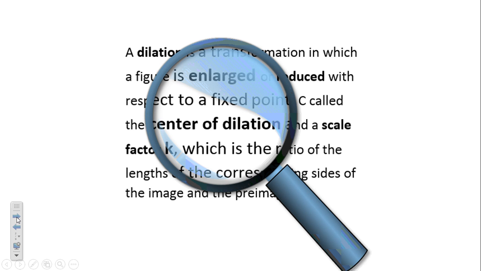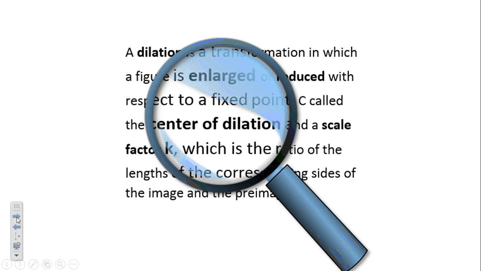We're enlarging or we're reducing, okay? How much we enlarge or we reduce is based on something called K, our scale factor. When you have a map and you want to know how far it is between this point and this point on the map, you go to the scale and you see that 1 centimeter equals 1 mile, for example. Okay, that's your scale factor.